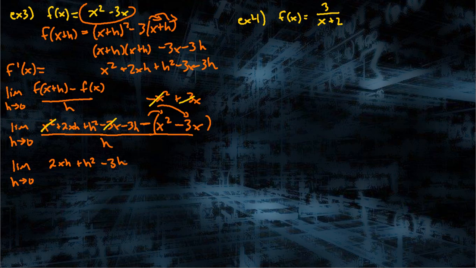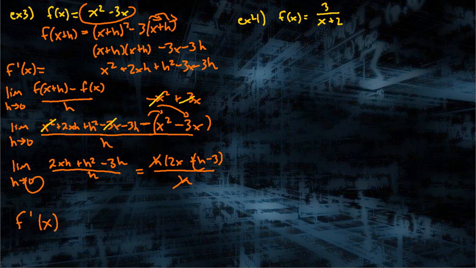Okay, so minus 3h all over h. Okay, so now I could factor out an h in the numerator. And those will cancel. So now when I do the limit, I can take this 0 and put it into there. So that means f prime of x equals 2x.